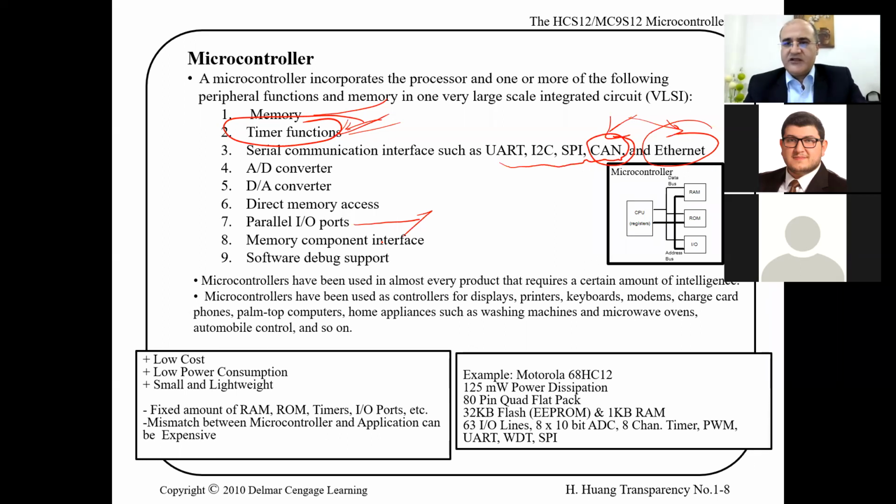You cannot interface a simple push button without a parallel I/O pin. Memory component interfaces for extra memory, and software debugging support inside the chip itself. You have supporting software to be able to single step it and debug it and so on.